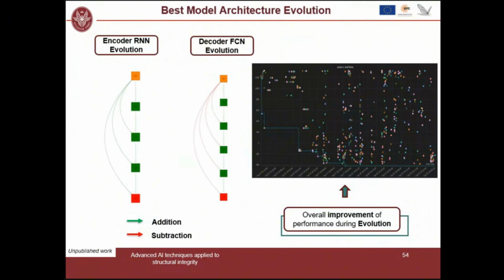Despite being so small, it's so optimized at generating structures. And as you can see here, it's a very narrow line. I couldn't change that, sorry. But as you can see here, there is a constant optimization of the performance of the model until you reach the end of the generations.